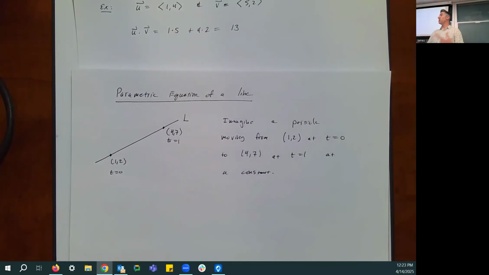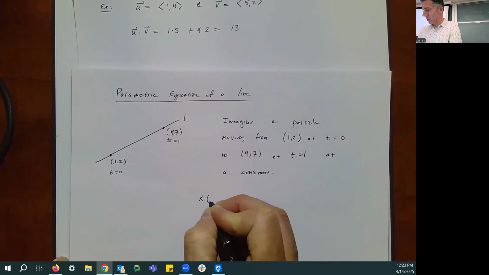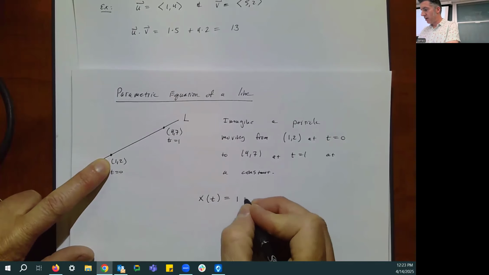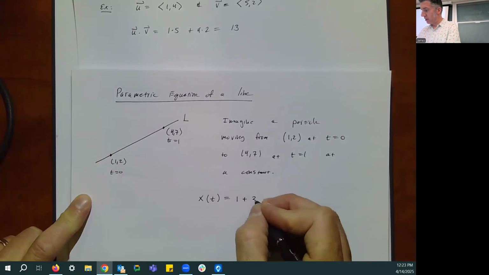So how do we find the equation parametrically? Well, the amount that we're increasing x or y by is going to be the coefficient of t. So x as a function of time is equal to the beginning value 1 plus how much we're changing by, which is 4 minus 1, or 3, times t.